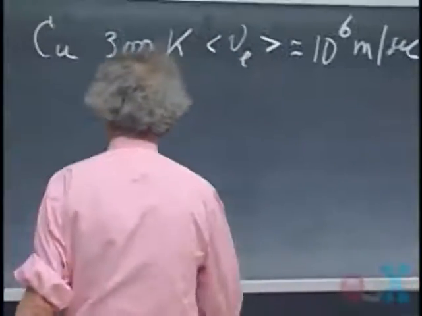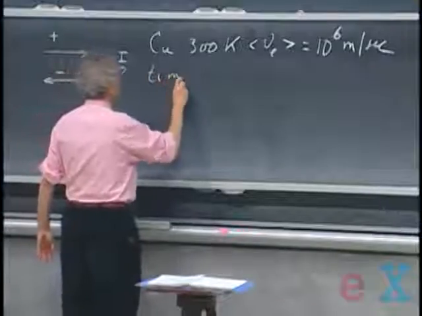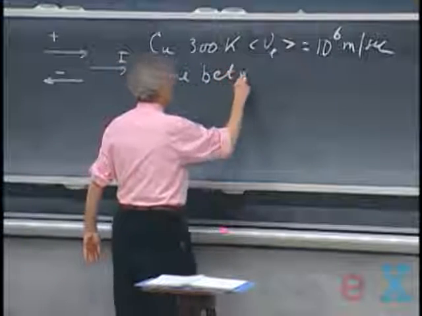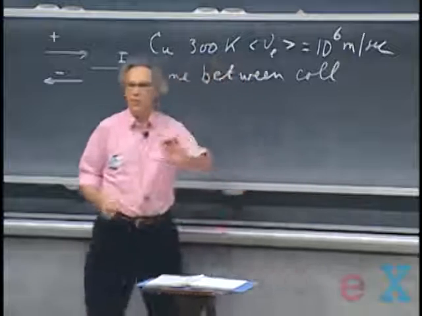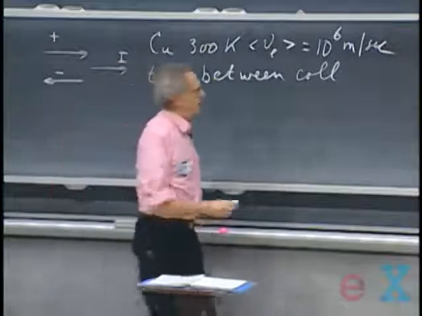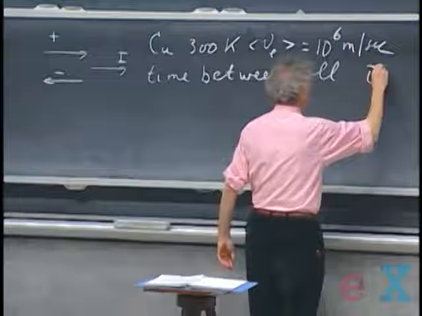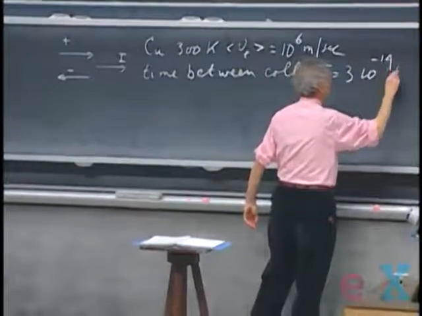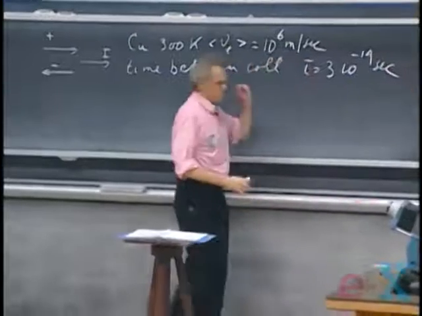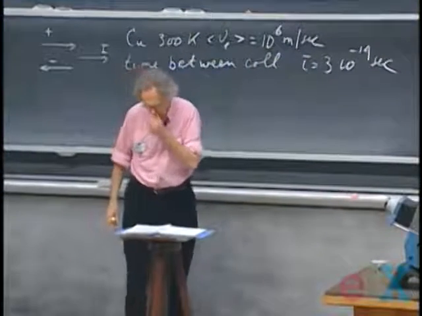The time between collisions, and this is a collision of the free electron with the atoms, I call it tau, is about 3 × 10⁻14 seconds. No surprise, because the speed is enormously high.